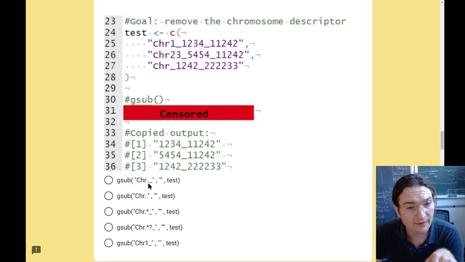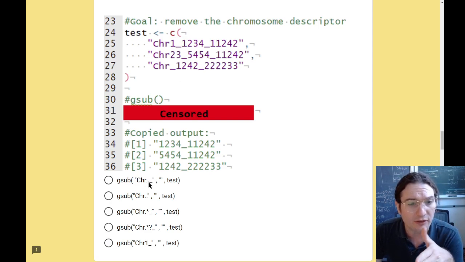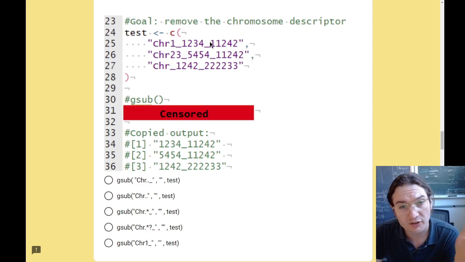CHR ... underscore and then nothing. If I have that CHR ... underscore, that's actually not a match. So this string did not have a match at all, and nothing ends up getting replaced with nothing. So unchanged for that first pattern.